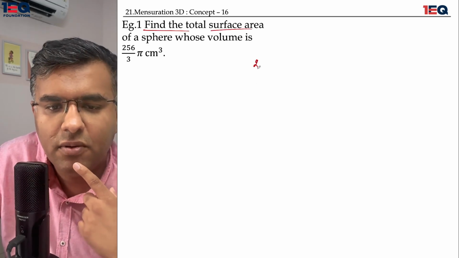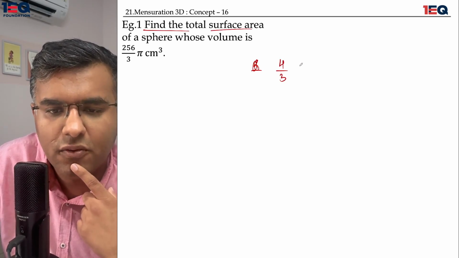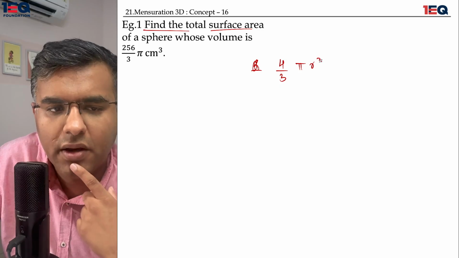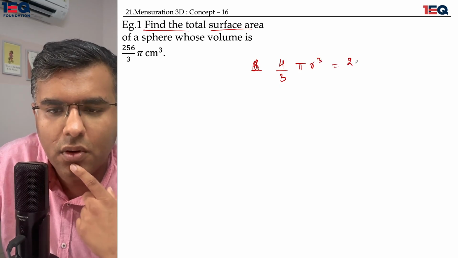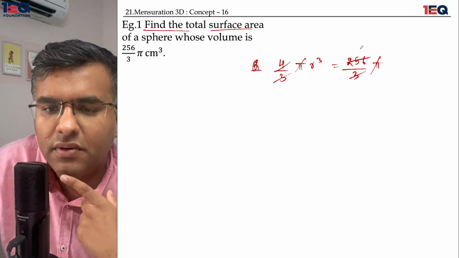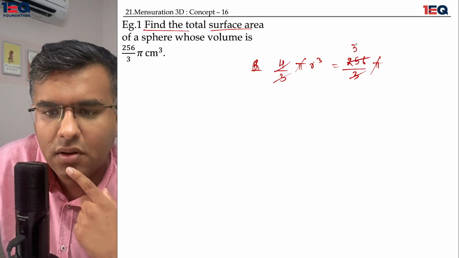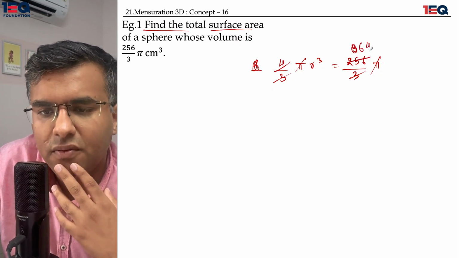If we are talking about the volume of a sphere, we would use the formula 4 by 3 pi r cube being equal to 256 upon 3 pi. The pi gets cancelled away, the 3 is gone. 4 6s are 24 and 4 4s are 16.